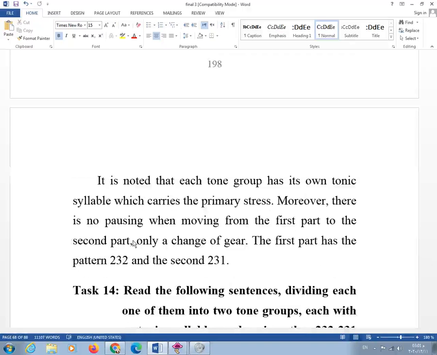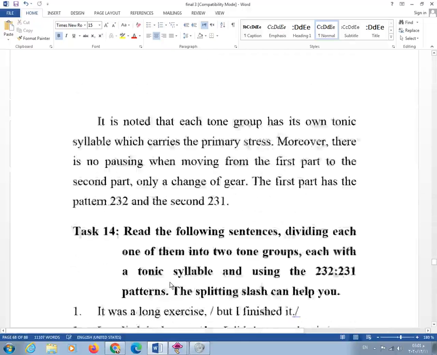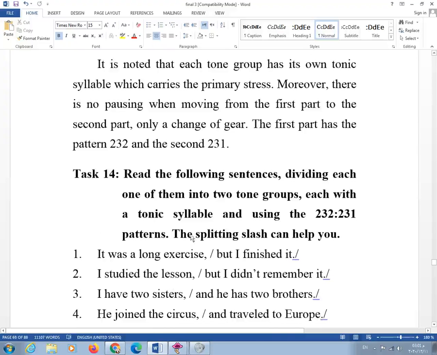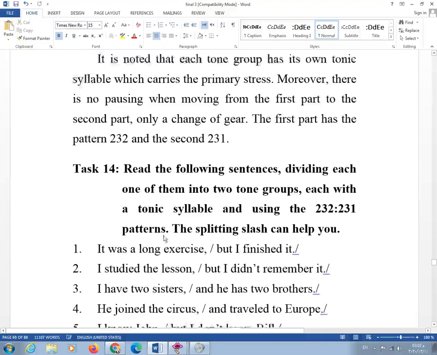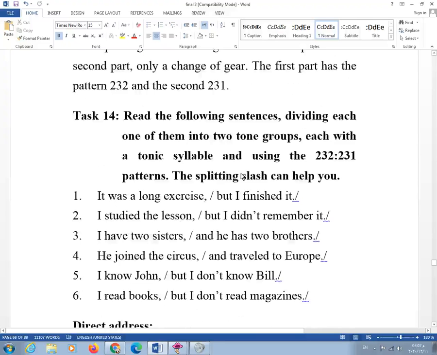Now read the following sentences, dividing each one of them into 2 tone groups. Okay. We have a tonic syllable. Yes, and let's try this. It was a long exercise, but I finished it. I studied the lesson, but I didn't remember it. I have 2 sisters, and he has 2 brothers, sisters and brothers.